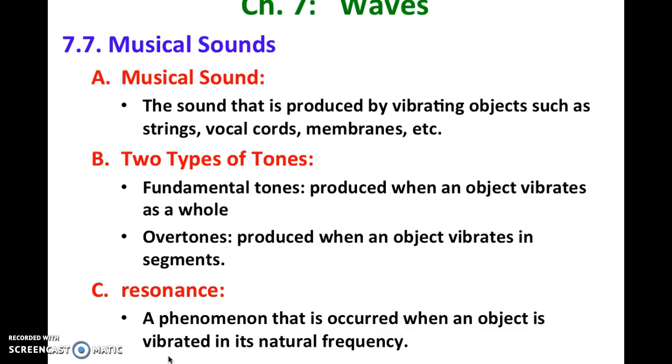Fundamental tones are produced by vibrating the object as a whole. The overtones are produced by vibrating the object in segments. When an object is vibrated at its natural frequency, we call the phenomenon resonance.